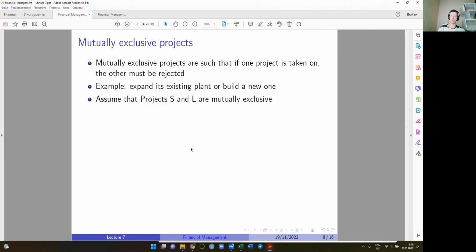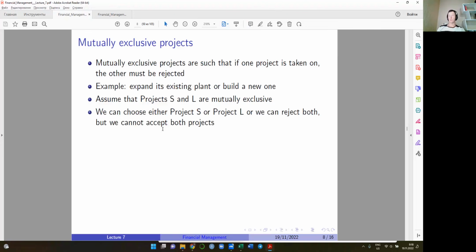So now assume that our projects, project S and project L, are mutually exclusive. We can choose only one, or we can reject both, but we are not able to accept both. It's forbidden.